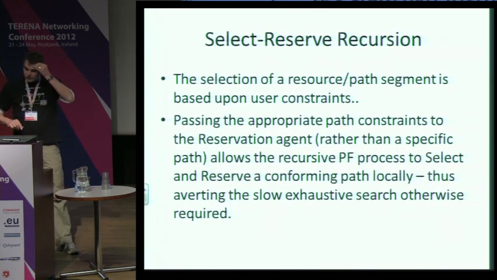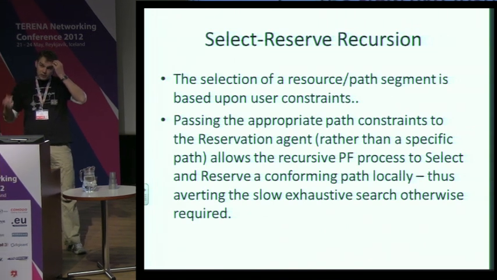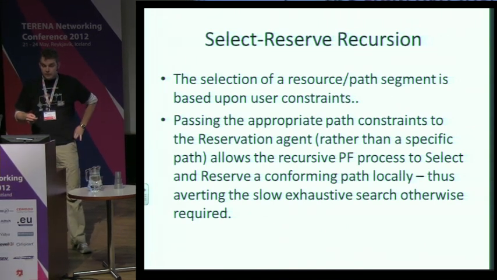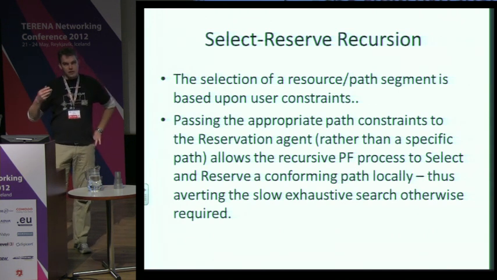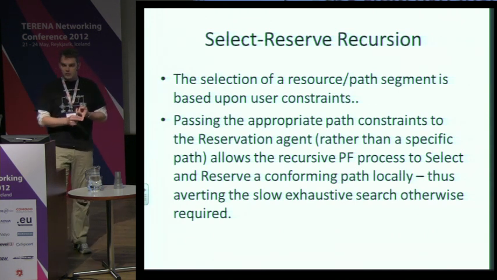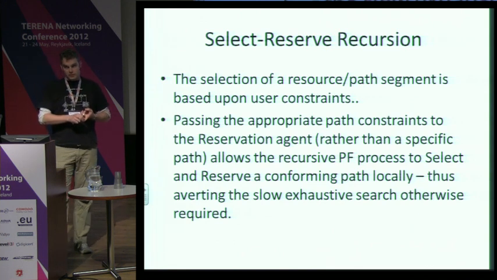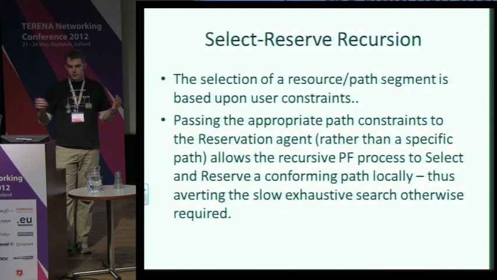So the selection of a path is based upon the user constraints. The user provides the constraints, saying he wants the path for a certain time with a certain bandwidth, and based on the endpoints, there's also a certain kind of technology involved to transfer the data between those two endpoints.